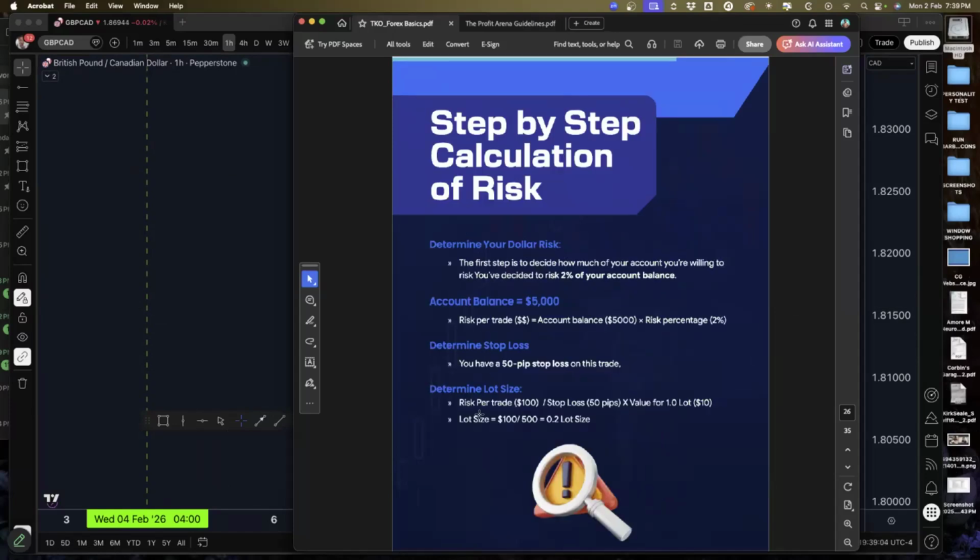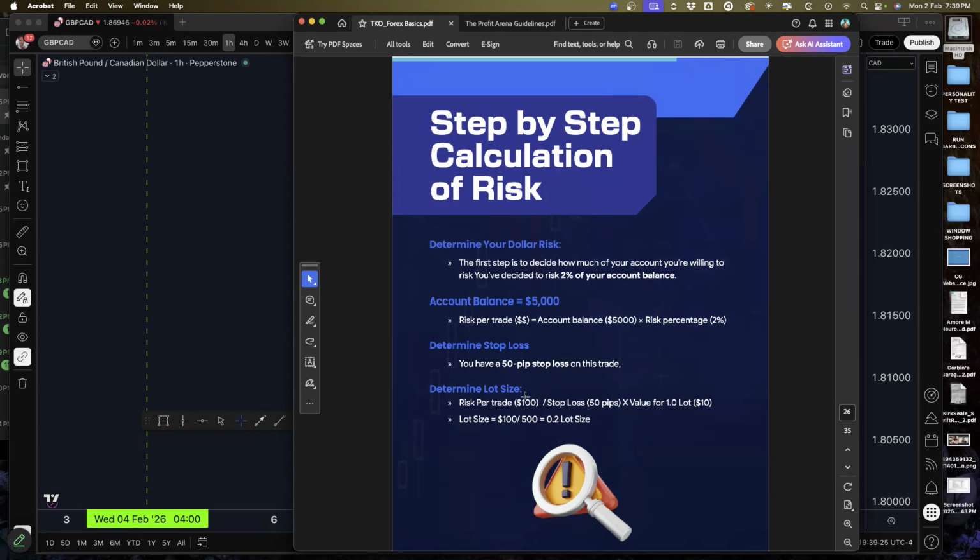Where is that? All right. So right here at the bottom says risk per trade divided by the stop loss multiplied by, well, this is going to be multiplied by 10. All right. So the risk per trade for us is going to be $6.